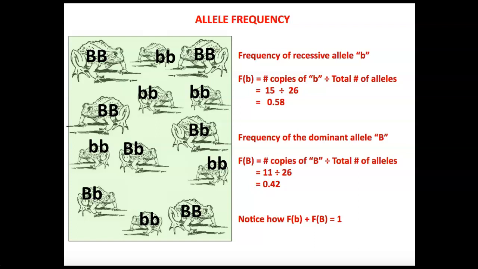An important thing to notice is that the frequency of the recessive allele plus the frequency of the dominant allele are equal to 1. So 0.58 plus 0.42 equals 1. And they should always equal 1.